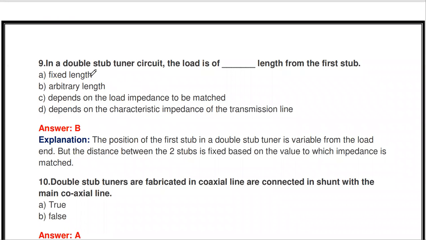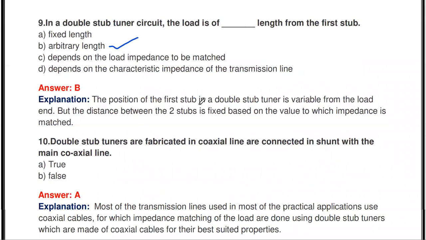The next one: in a double stub tuner circuit, the load is of dash length from the first stub. The options are fixed length, arbitrary length, depends on the load impedance to be matched, depends on the characteristic impedance of the transmission line. So the load is of arbitrary length.